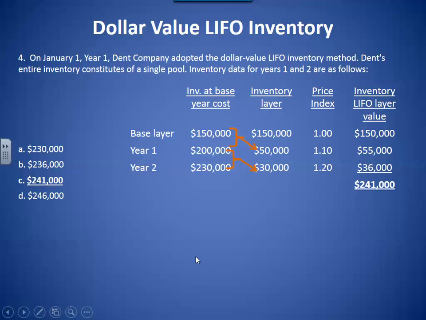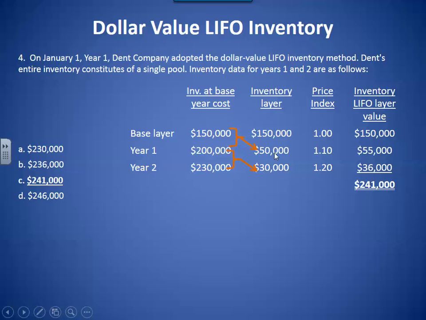Everything here is kind of neatly laid out. So if we take a look at our base layer, it would be $150,000. So our inventory layer converted back to the base layer is $150,000. If we take a look at year number 1, our inventory at base year cost would have been $200,000. So we compare the $200,000 to the base layer, and our inventory has gone up $50,000.